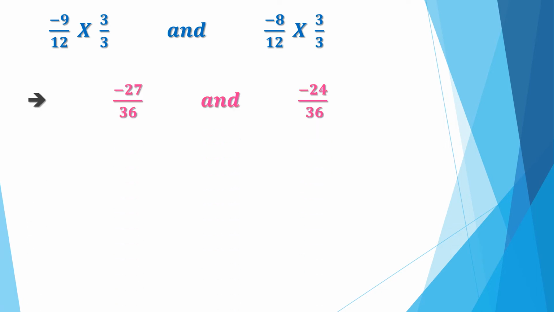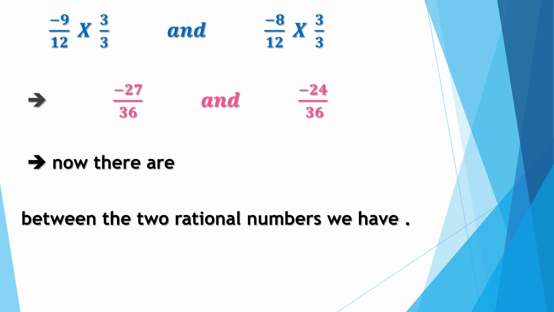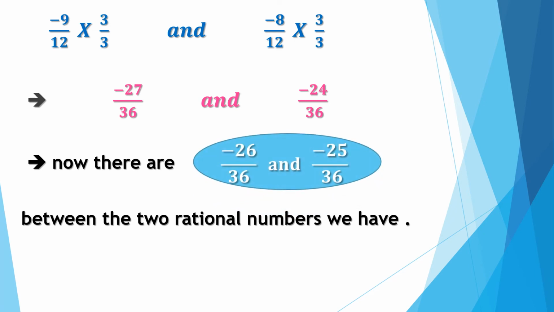It will be negative 27 over 36, and the other number, negative 24 over 36. So we can find the numbers between those numbers. We want only two numbers. The two numbers between them are negative 26 over 36 and negative 25 over 36.